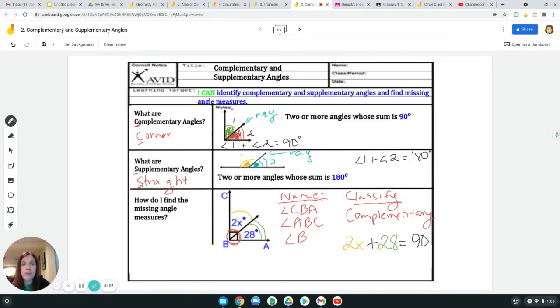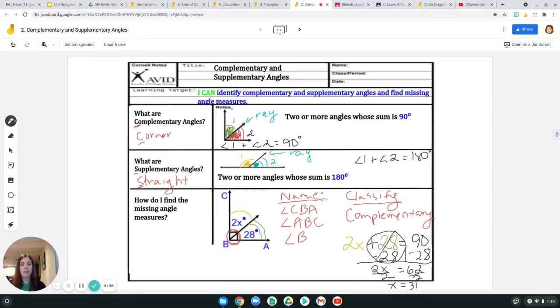We now have a two-step equation, so let's solve that two-step. Zero pair your constant of 28. Negative 28 on both sides leaves you with 2x equals 62. Divide by that coefficient of 2, and we get x is equal to 31.